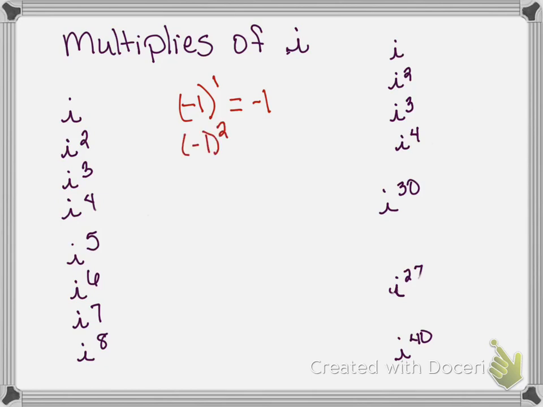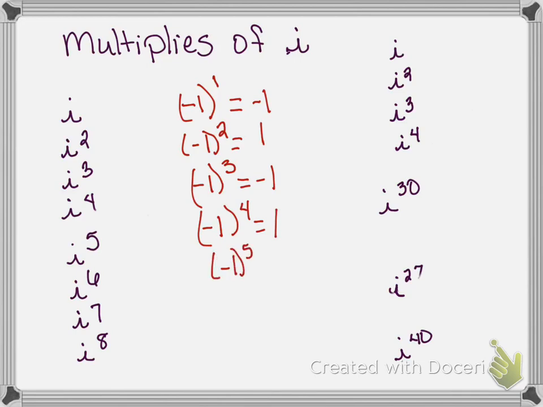What's -1 squared? That is 1. You're right. -1 squared is 1. What's -1 to the third power? -1. Yes. What's -1 to the fourth power? 1. Good. -1 to the fifth power? -1. Do you see a pattern? How does it rotate through?